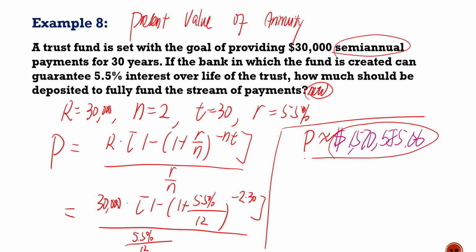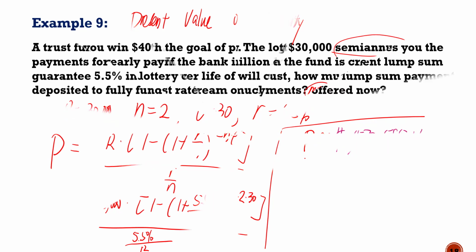Alright, so this is a trust fund problem, and a lot of rich people set aside this type of trust fund to fund their kids' or grandkids' education or future needs.